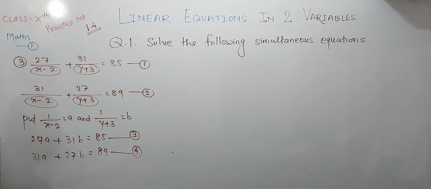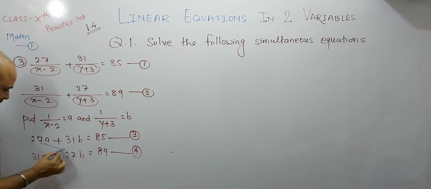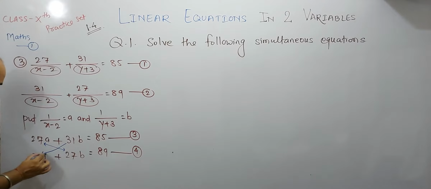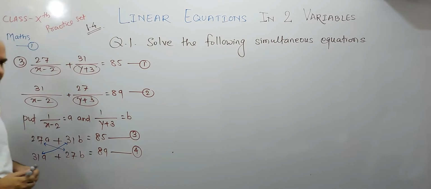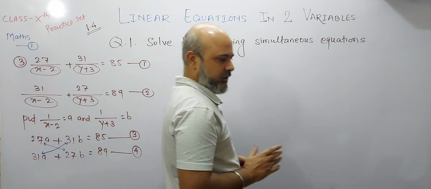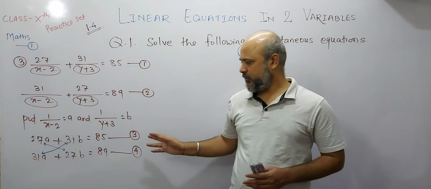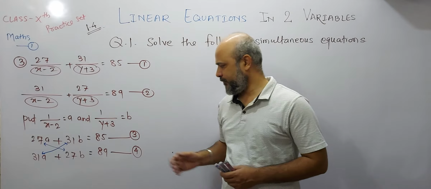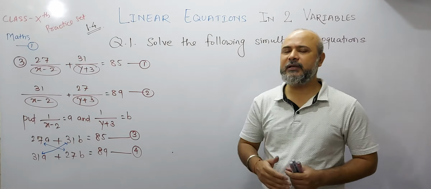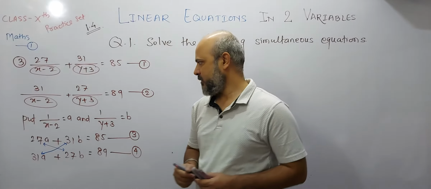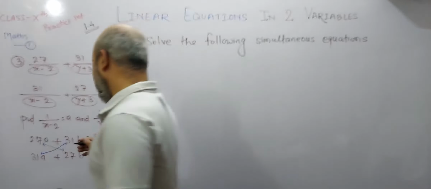Clear? Now, when you will observe here, student, you will get the coefficient of a and b in both equation number 3 and 4, they are interchanged. So how to solve such type of equations we know. First we will add and then we will subtract. So I will write adding equation 3 and 4.